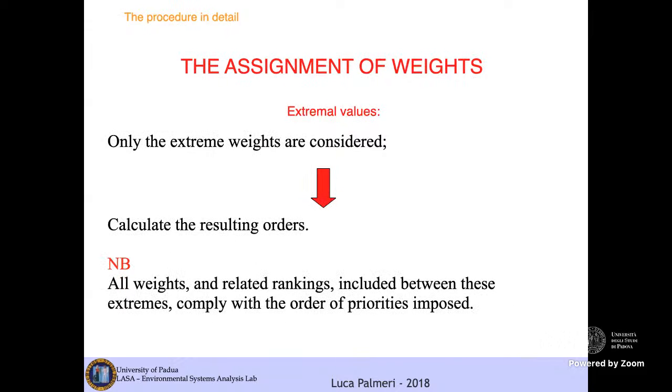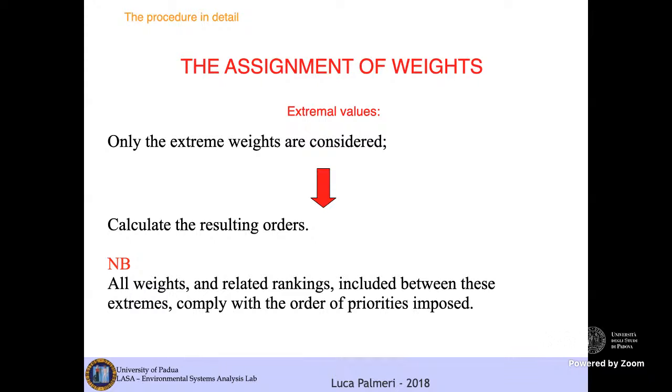Extremal values, these are methodologies that employ only extreme weights that have to be considered. By extreme weight, meaning the maximal or minimal values, all weights are related. And the related ranking included between these extremes complies with the order of priorities imposed.